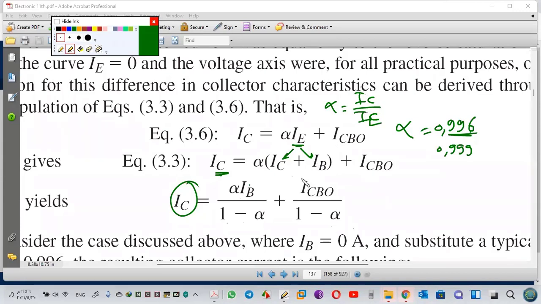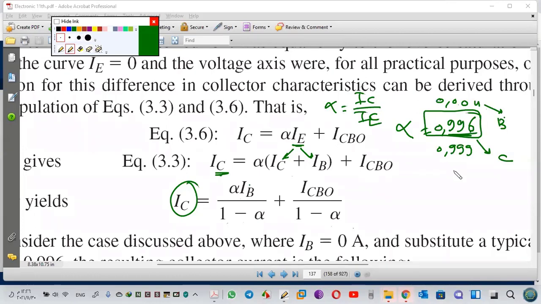And I have just 0.004 that will go to the base. So we have 0.996 for the collector, and we have 0.004 for the base. Yeah, it's nothing. I know it's nothing.